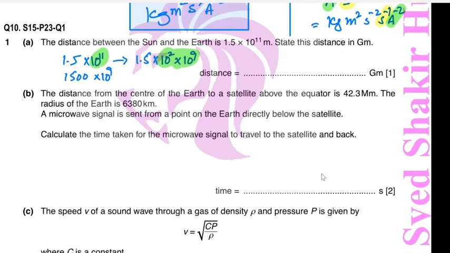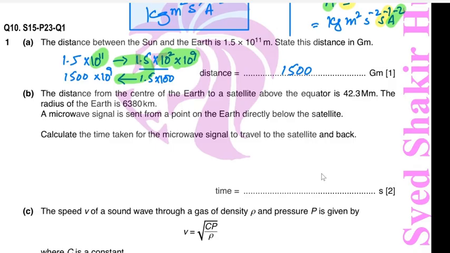Yes, sir. And simplifying this, 1.5 10 to the power 2 is simply 1.5 multiplied by 100, and that is basically this, right? So this is how you do the cycle, and it is 1500 gigameters.